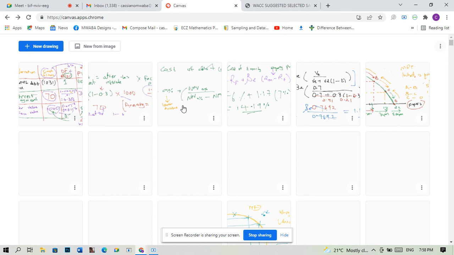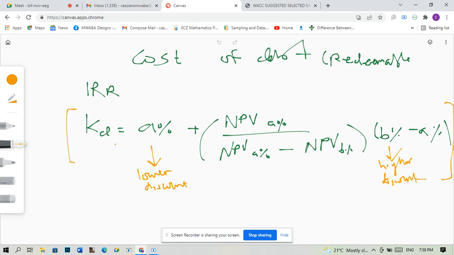So we'll go to the formula again for the internal rate of return. Where did I put it? Here. Okay, and we're going to substitute now.